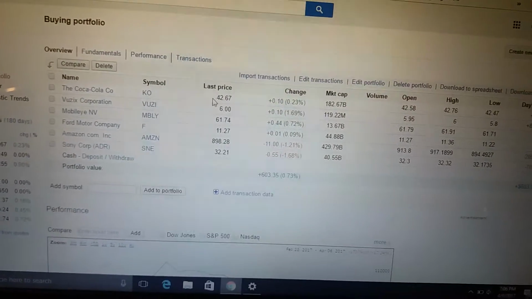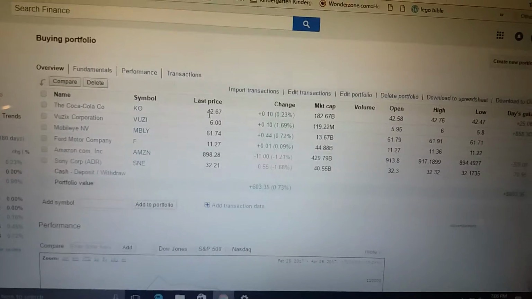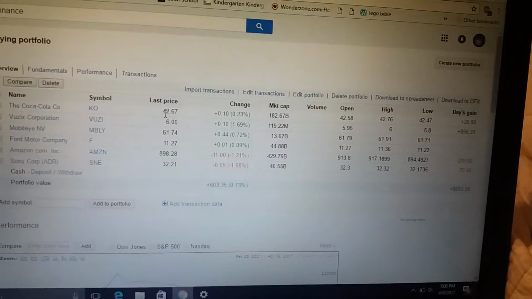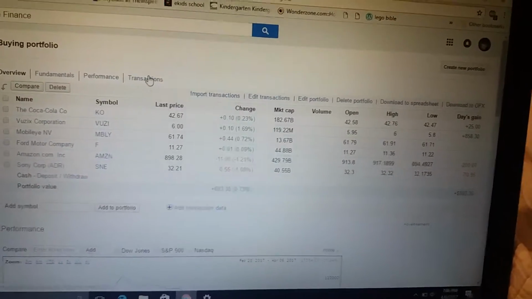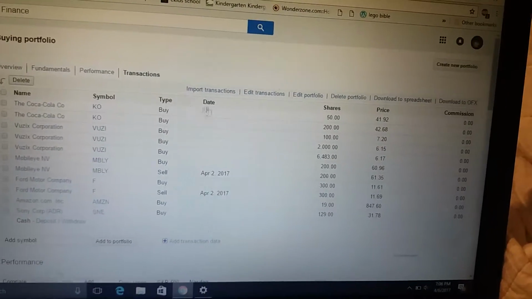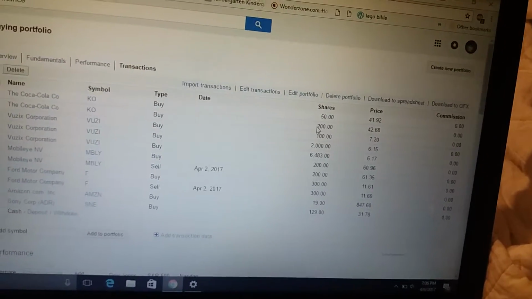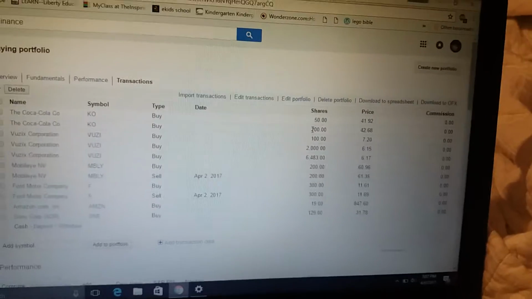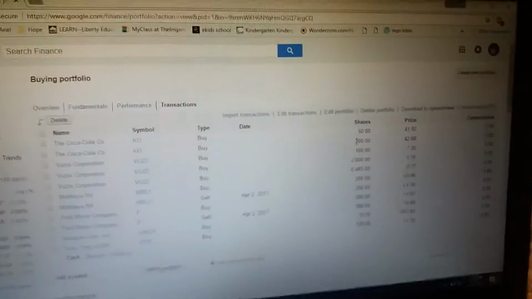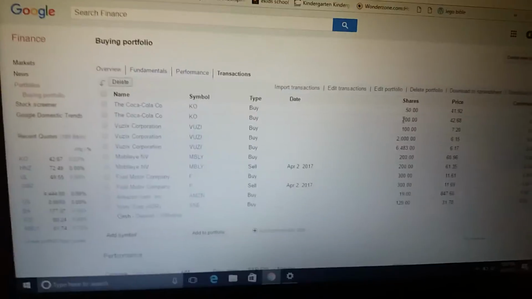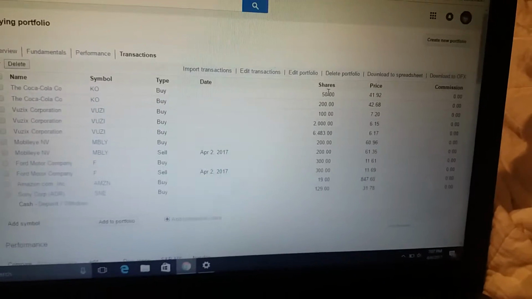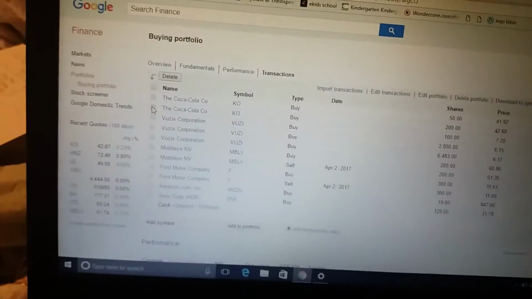At $42.68, we've lost 1 penny on how many shares? Go to transactions, 200 shares. So we've only lost pretty much $2 off of this one because it's rising and falling. But on this one, we've gained a significant amount because we bought it lower at $41.92.